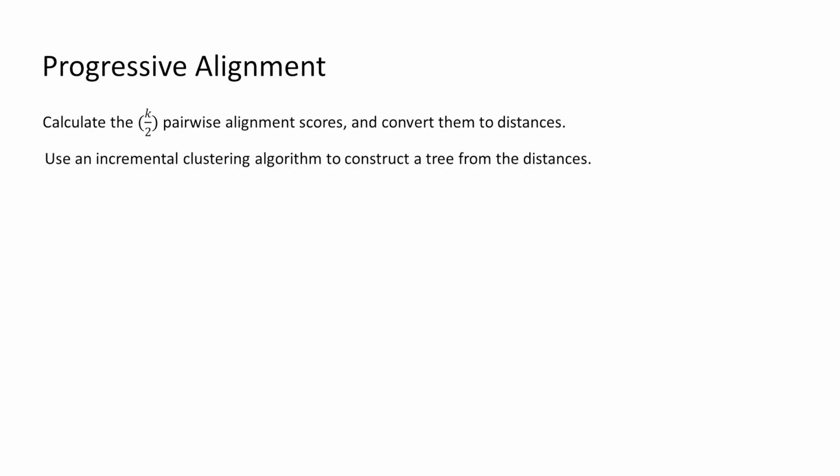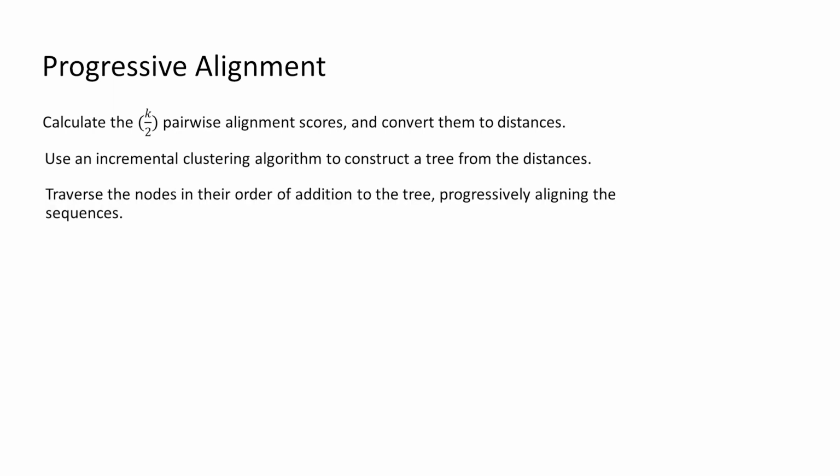The second method is called progressive alignment, which calculates k choose 2 pairwise alignment scores and converts them to distances. It uses an incremental clustering algorithm to construct a tree from the distances, and the third step is to traverse the nodes in their order of addition to the tree, progressively aligning the sequences.